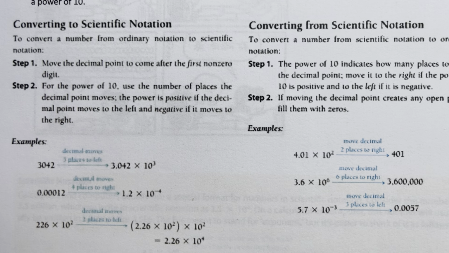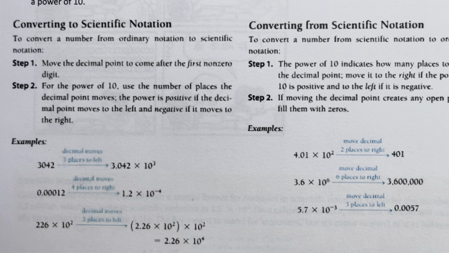Another way to remember it is if it's a large number, it's going to be a positive value. If it's a small number, it's going to be a negative value. So if I have 3,042, we're going to move it 3 places to the left, and we're going to get 3.042 times 10 to the third.